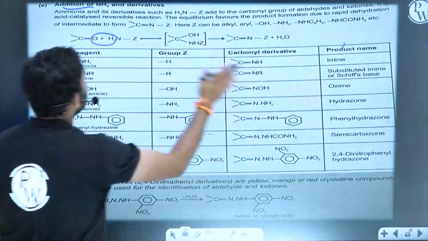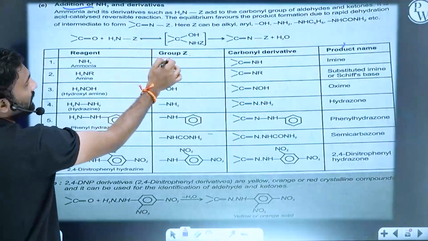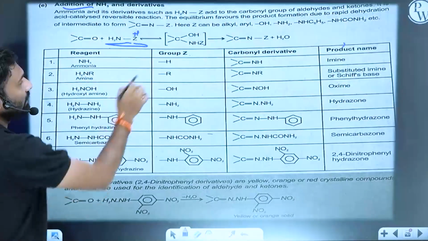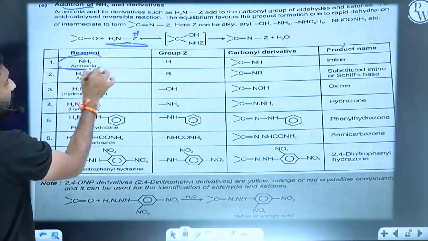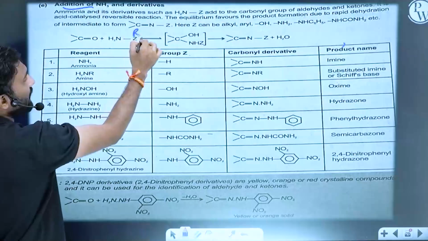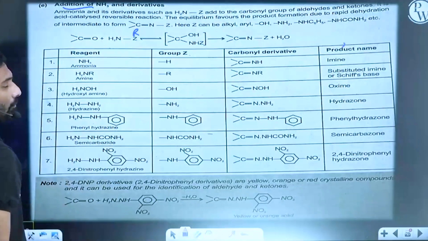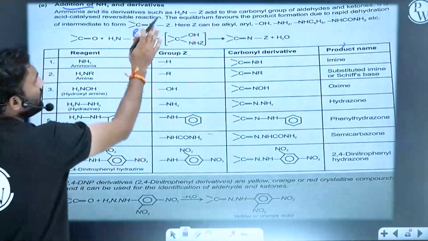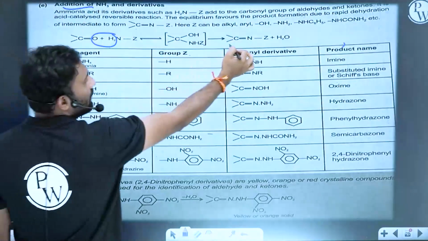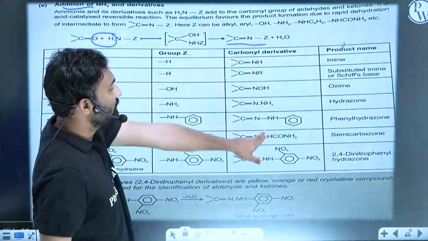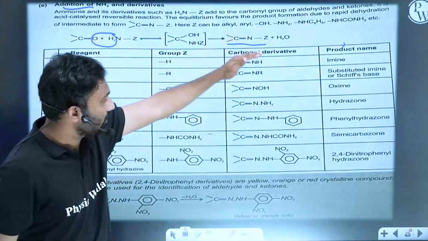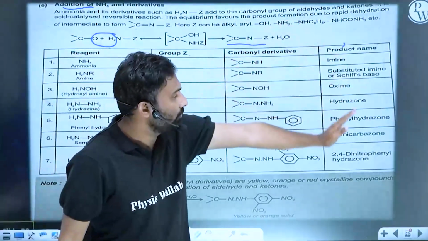If in the place of Z there is H, the reagent name will be ammonia. If it is R, the reagent name will be amine. Only the elimination of H2O takes place and it gives the product, the Z derivatives. The groups attached in the place of Z decide the carbonyl derivative, and the product's name will be this one.